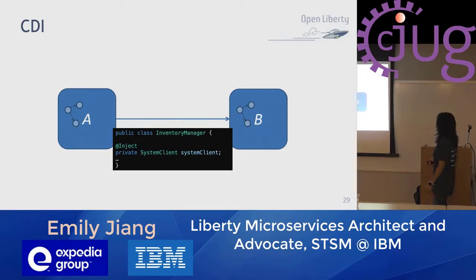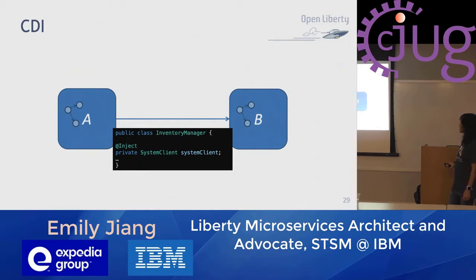For CDI, one thing is that anything with an at sign, like at blah blah, we call an annotation. So here, if you have an annotation like @Inject, CDI will create an instance and populate it into this system client variable.